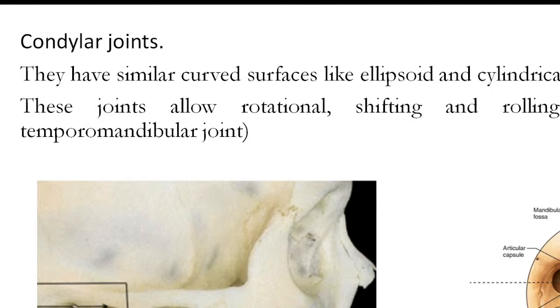What you see? This is joint articulation. These joints allow rotational, shifting, and rolling movement. For example, the temporomandibular joint, articulatio temporomandibularis. It is a condylar joint.